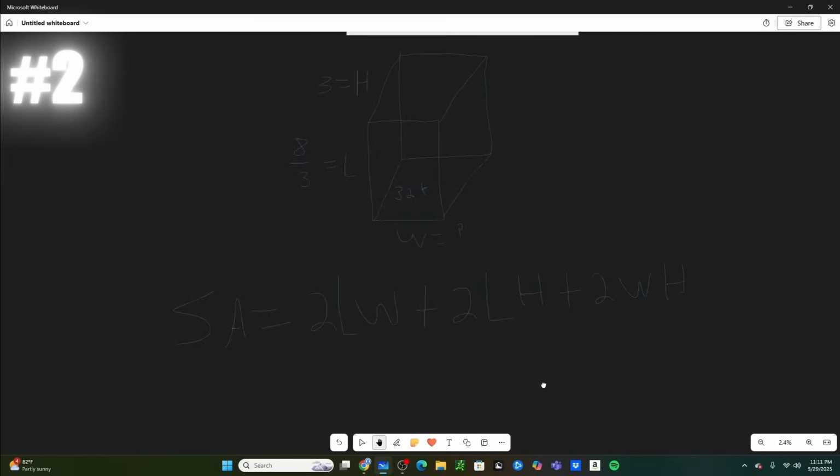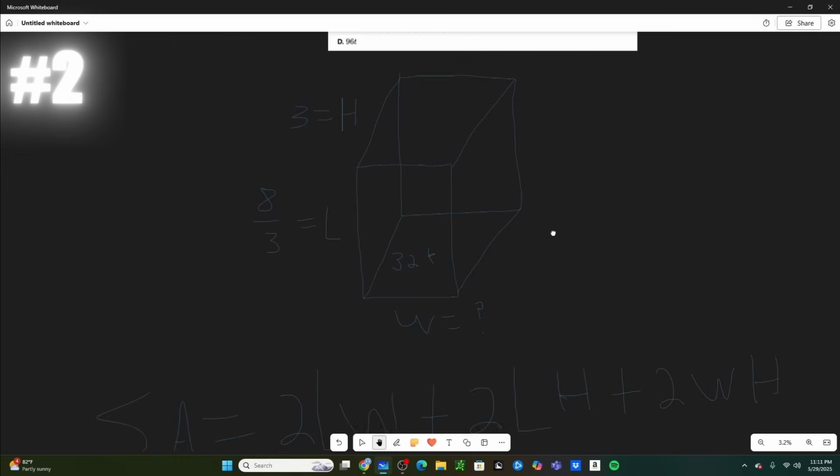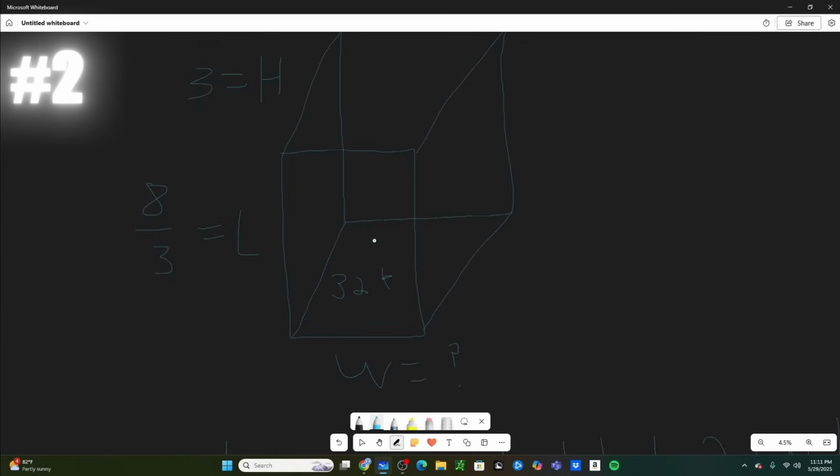Okay? The explanation for this equation is that we have 6 sides on our rectangular prism. If you zoom in here, we have the base, that's the base right here, 32t. But think about the opposite side of the base, which is equal to that. The opposite side of the base is the roof of the rectangular prism. That's also 32t.